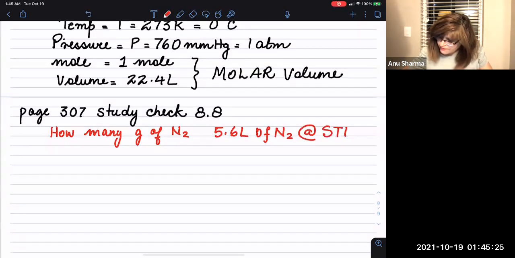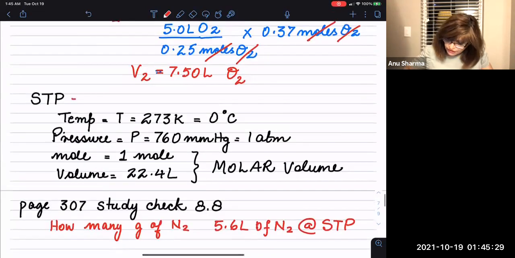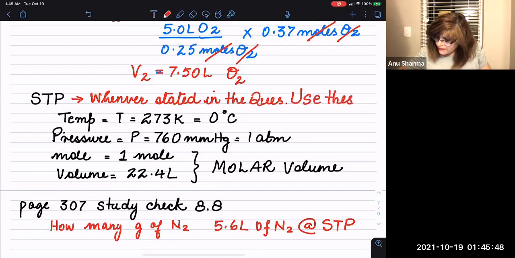Anytime the word STP is stated in the question, use these values.